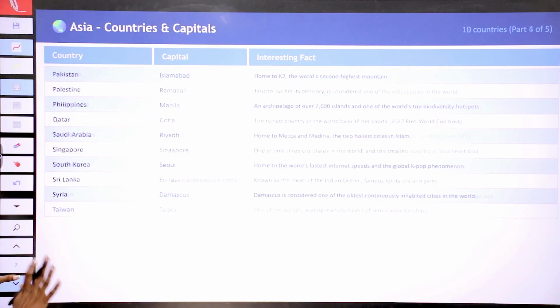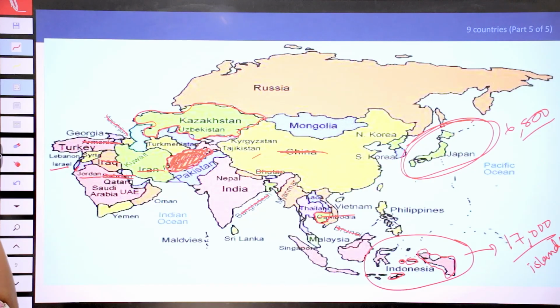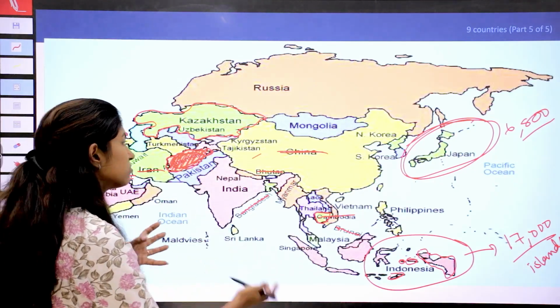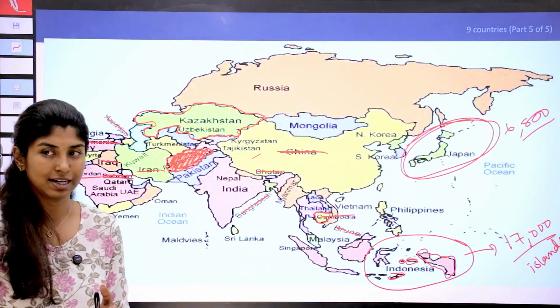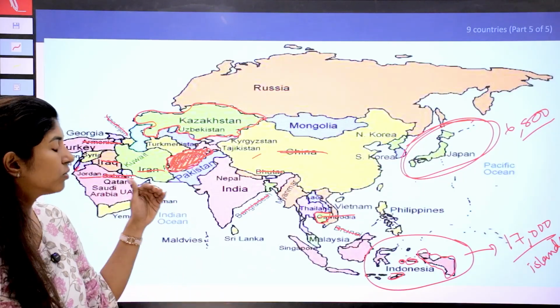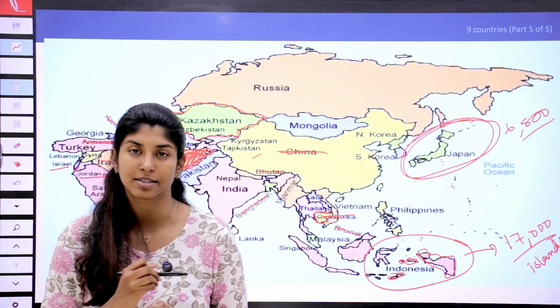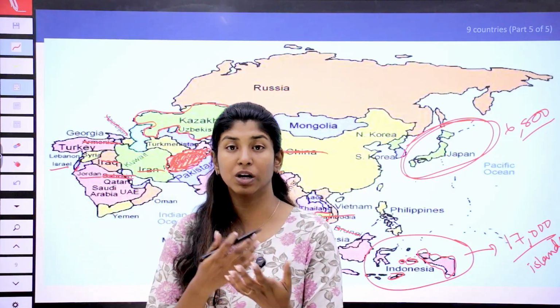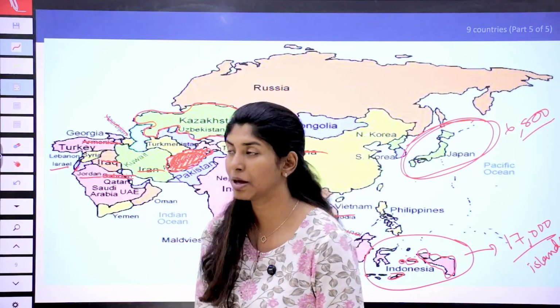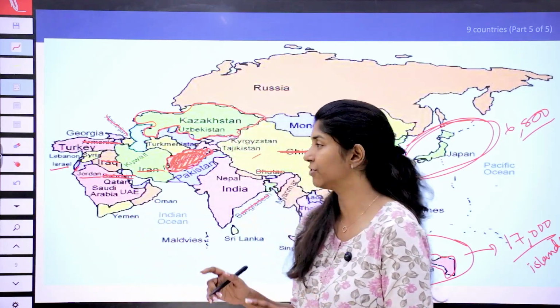So these are the countries we're going to see for today, and you can actually refer to this in your atlas. Keep your atlas, and whatever countries we saw today, try to mark them up in the atlas. You can get a world political map or Asia political map, and try to mark what all we've learned today.